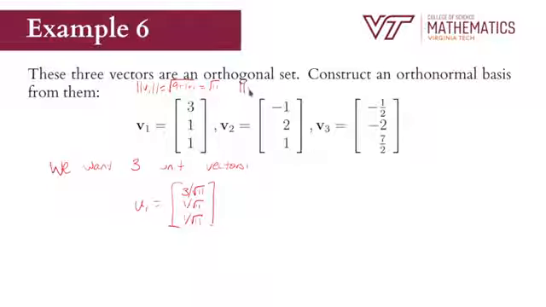Then the magnitude of v2 is the square root of 1 plus 4 plus 1. That's the square root of 6. And so our second unit vector is negative 1 over root 6, 2 over root 6, and 1 over root 6.